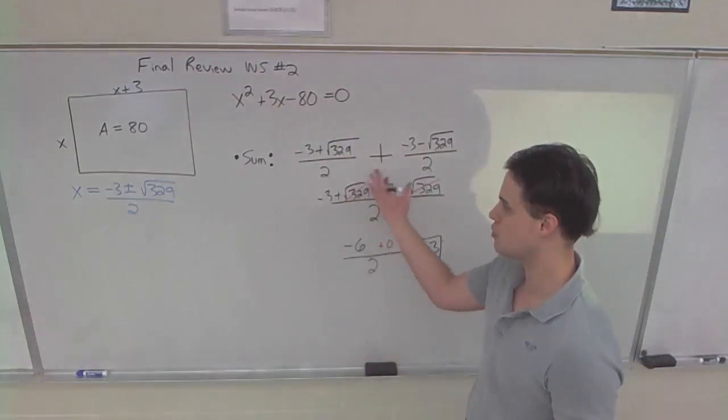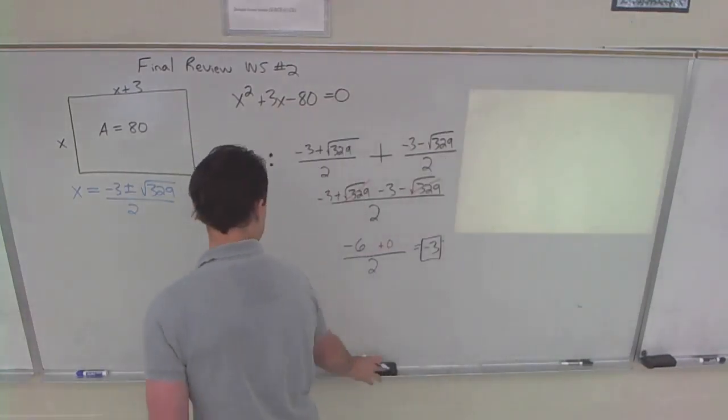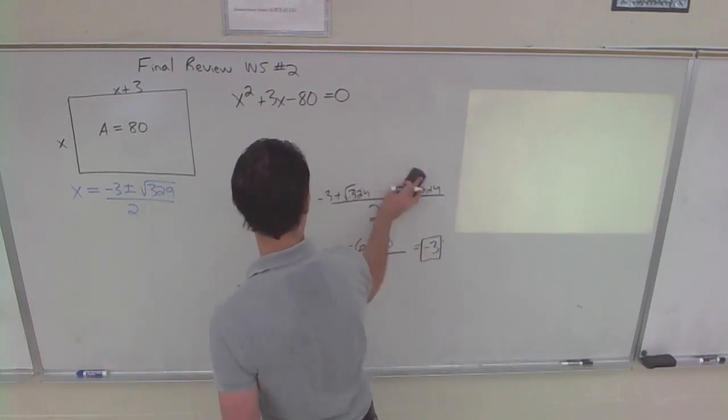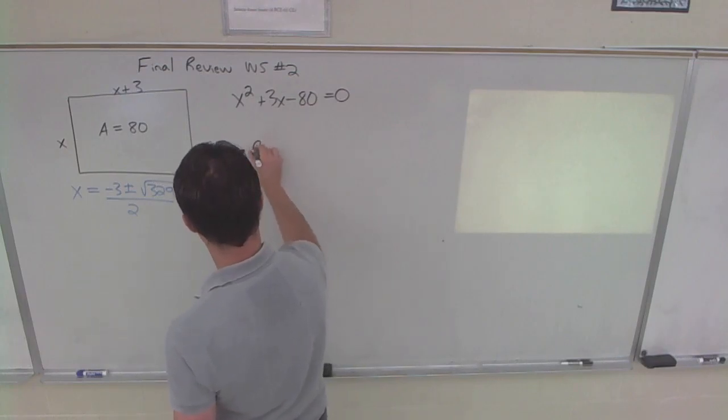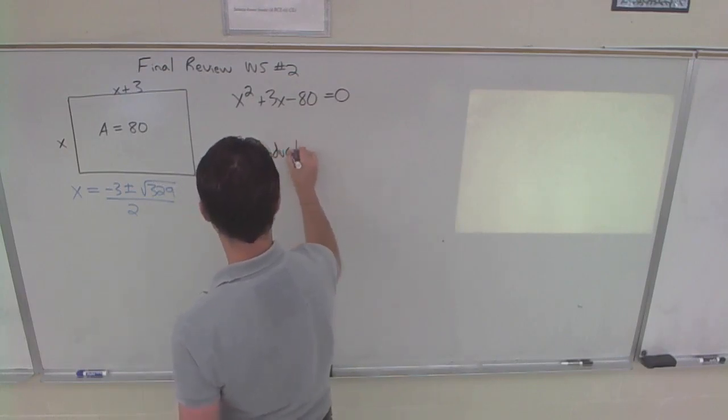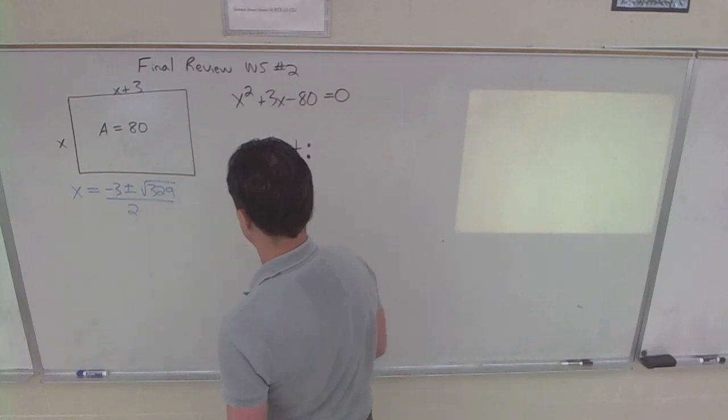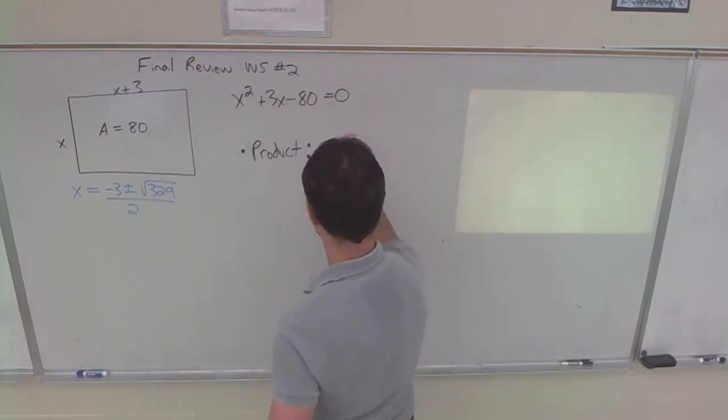Let's see what happens if we multiply these together. So there's the sum. Let's do the product. So I'm going to multiply those together now, so let's see.